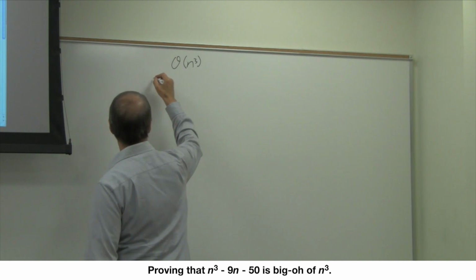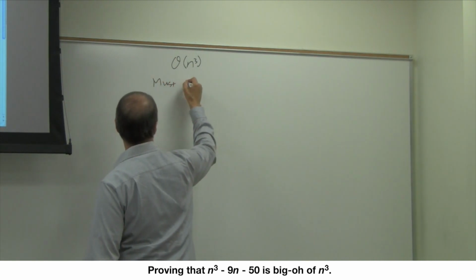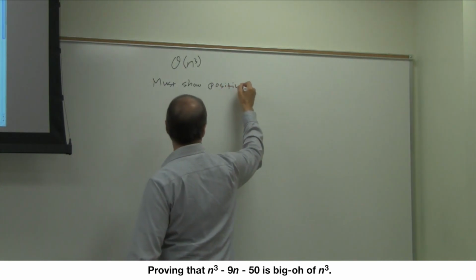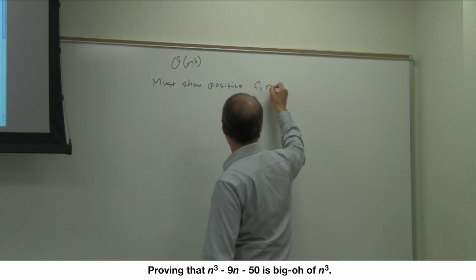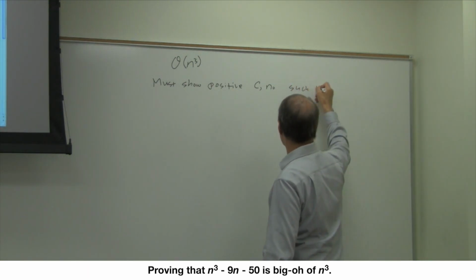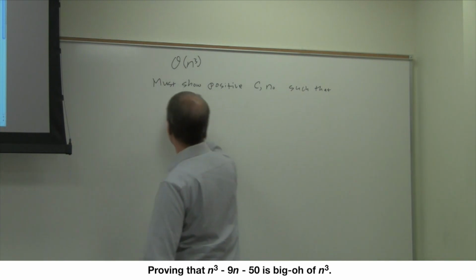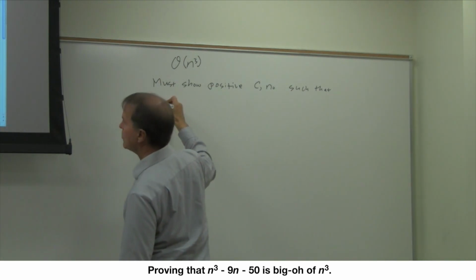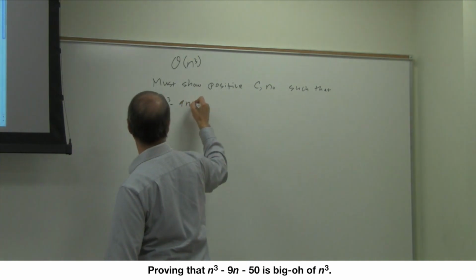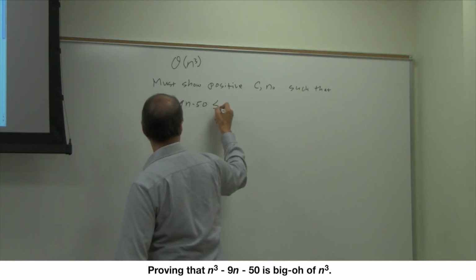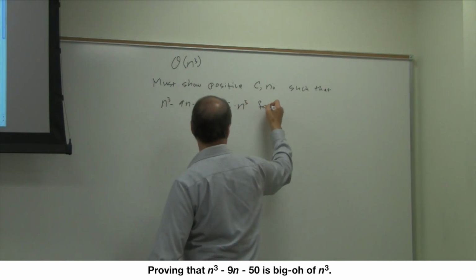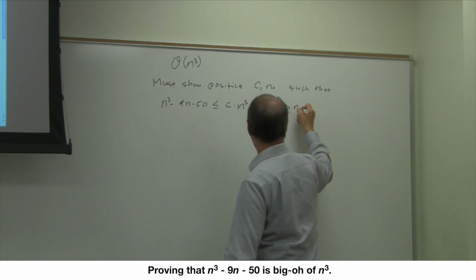Here's what you must show: positive c and n naught, such that n cubed minus 9n minus 50 is less than or equal to c times n cubed for n greater than or equal to n naught.